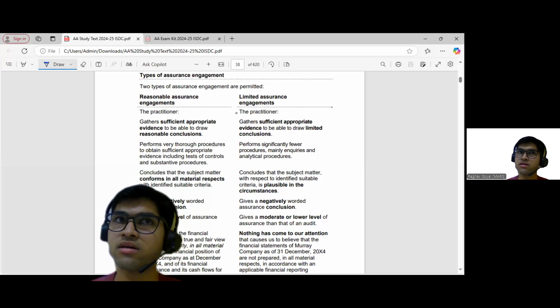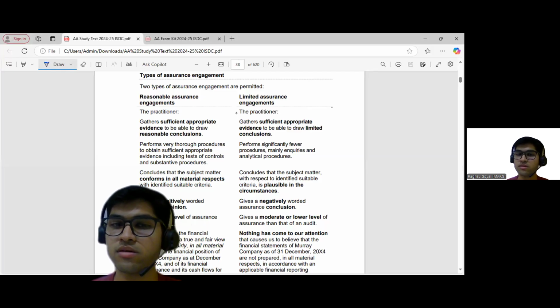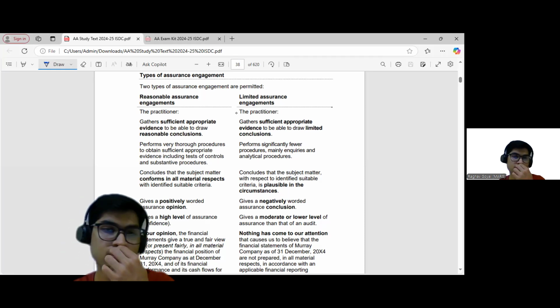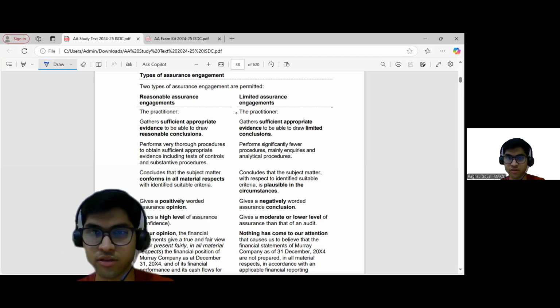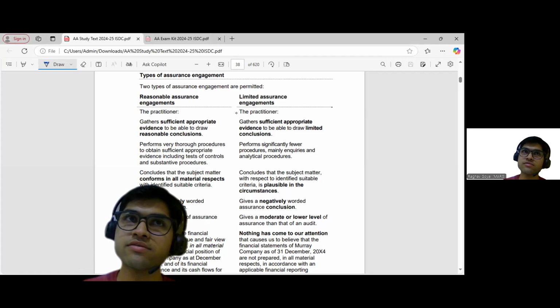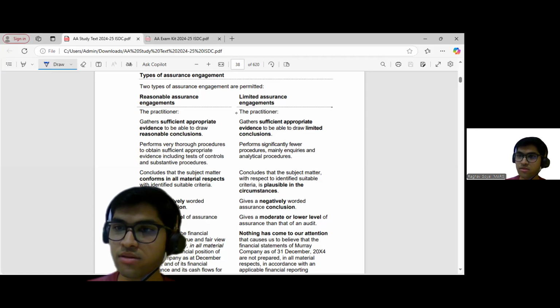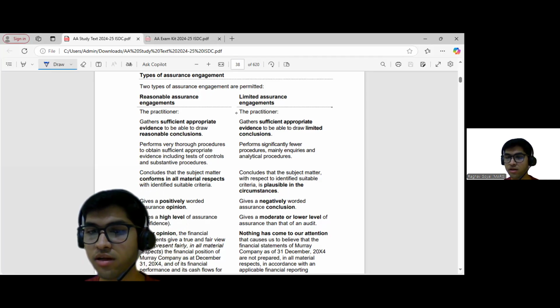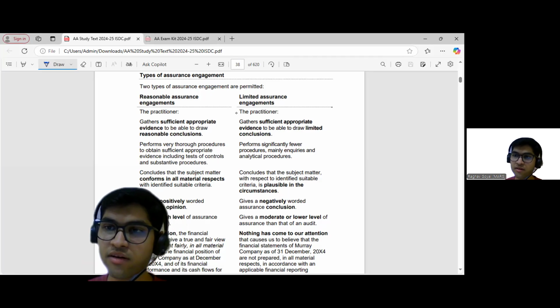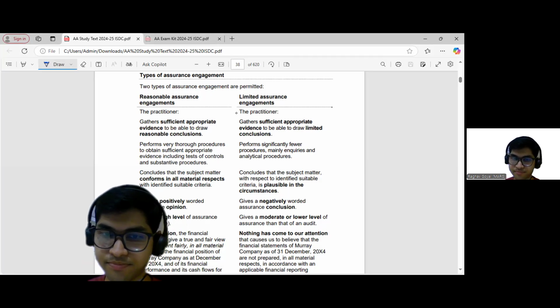Reasonable ones is where the extent of procedures performed is slightly higher. So substantive procedures have been performed, tests of controls have been done, and then the auditor's opinion is reported. But limited assurance is when the extent of procedures is not that high, fewer things are tested and performed, and the level of assurance is lower.